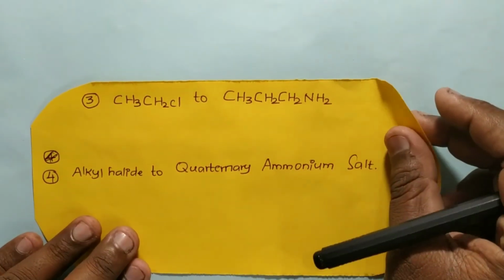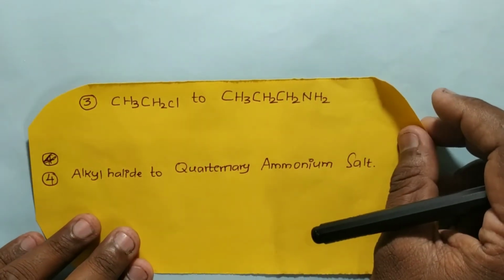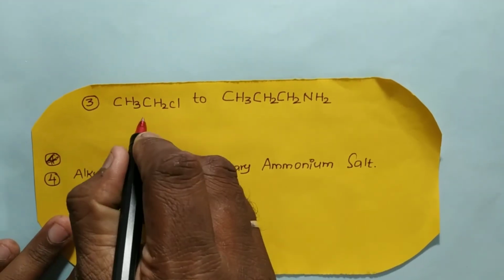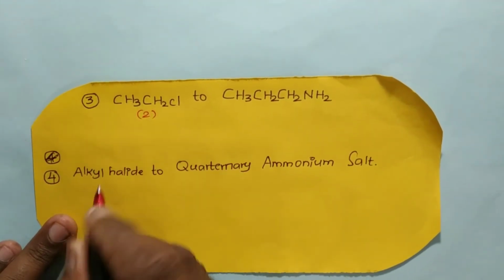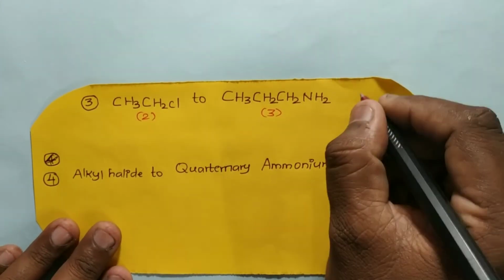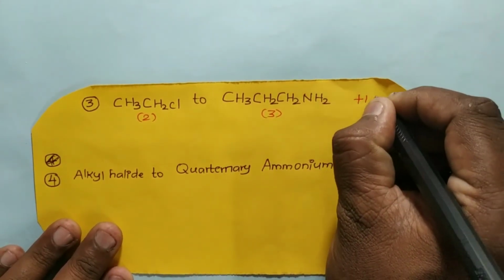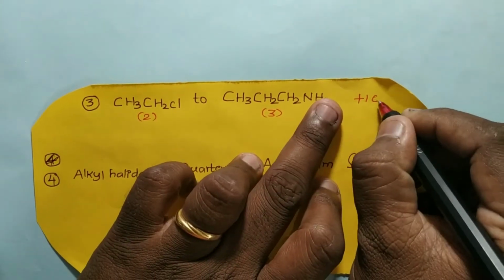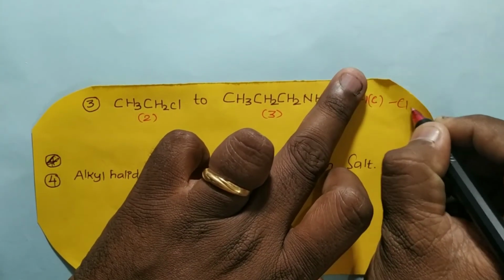And the next one is a very important one. Just look at CH3CH2Cl. On the reactant side I have 2 carbon atoms; on the product side I have 3 carbon atoms. If I need to add 1 more carbon atom, I have to add CN.